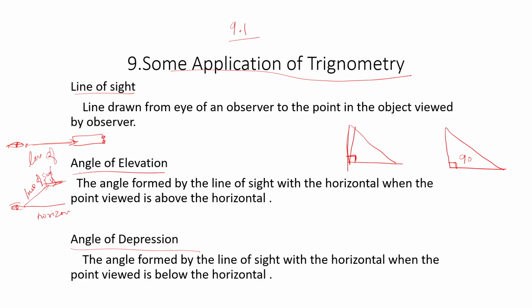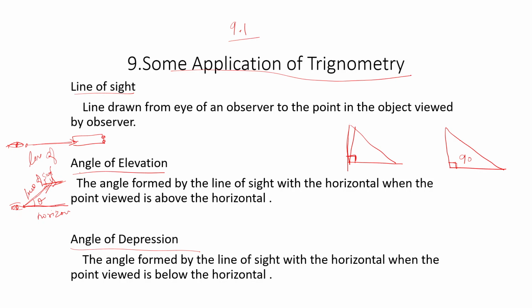Line of sight is nothing but the line from our eye to the object observed. This is the line of sight, and this is the horizontal to your eye, and this angle which you are viewing above the horizontal is called the angle of elevation. If the angle is above the horizontal, then it is the angle of elevation.